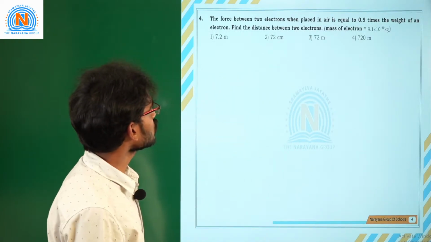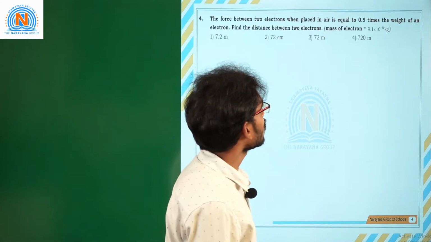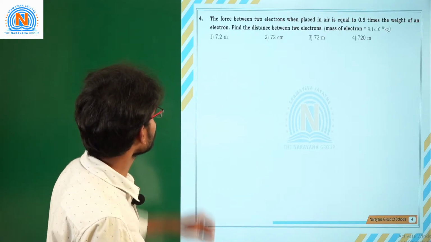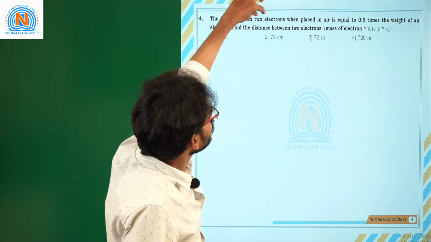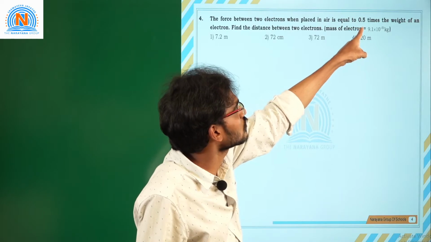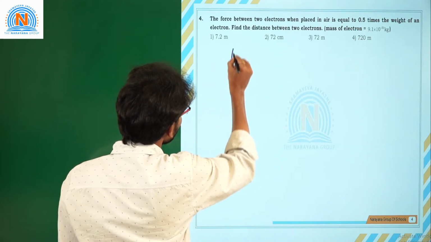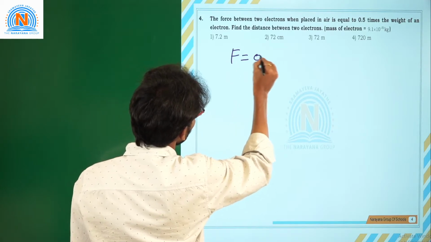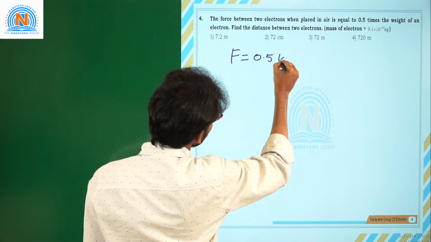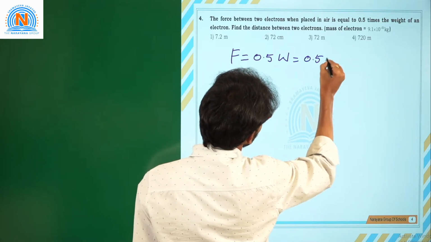The force between two electrons when placed in air is equal to 0.5 times the weight of an electron. That is, F is equal to 0.5 into W, which is nothing but 0.5 into mg.